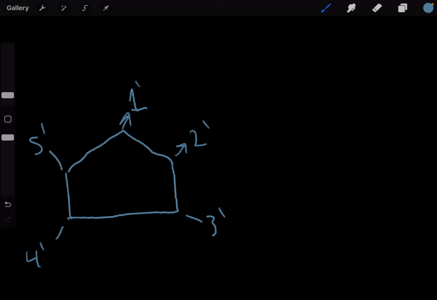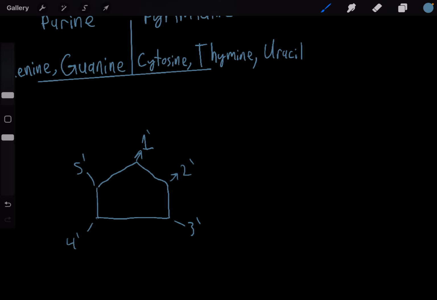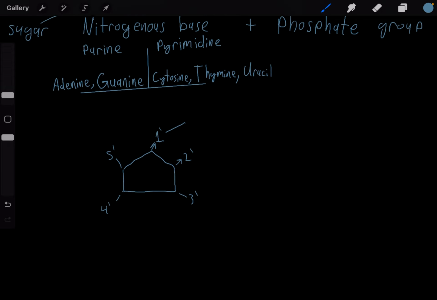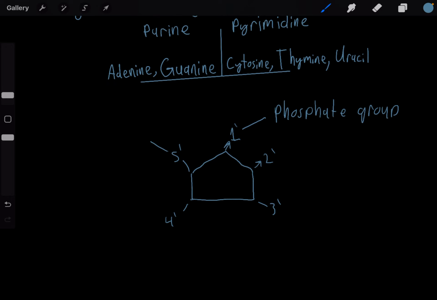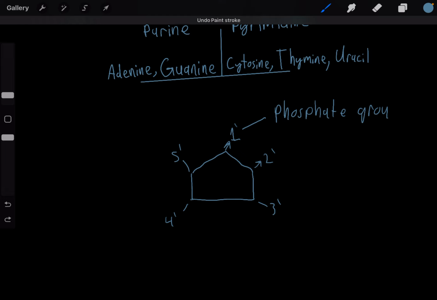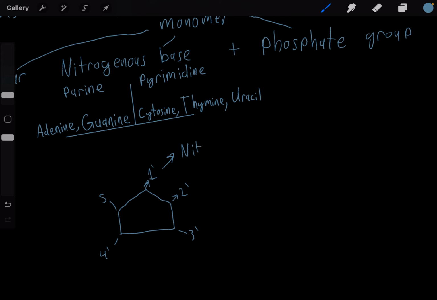The first prime actually has the nitrogenous base, and the five prime has the phosphate group.